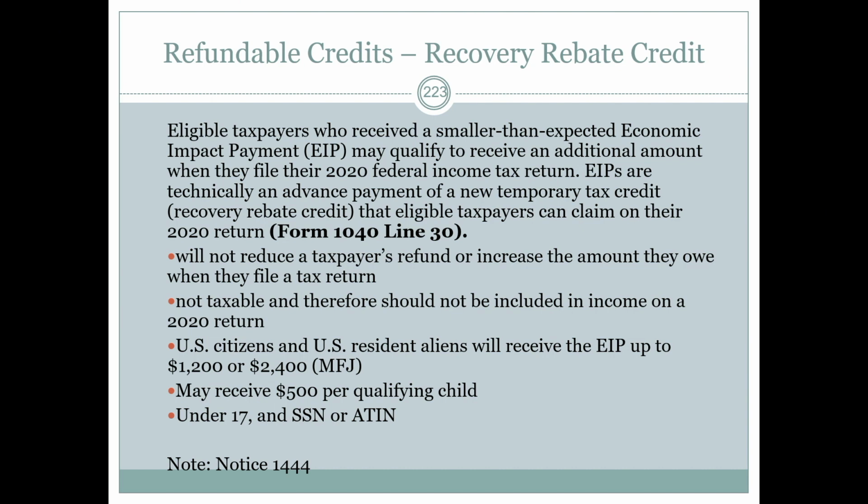U.S. citizens and U.S. resident aliens will receive the EIP up to $1,200, or $2,400 married filing jointly. They may receive $500 per qualifying child under 17 with an SSN or ATIN.